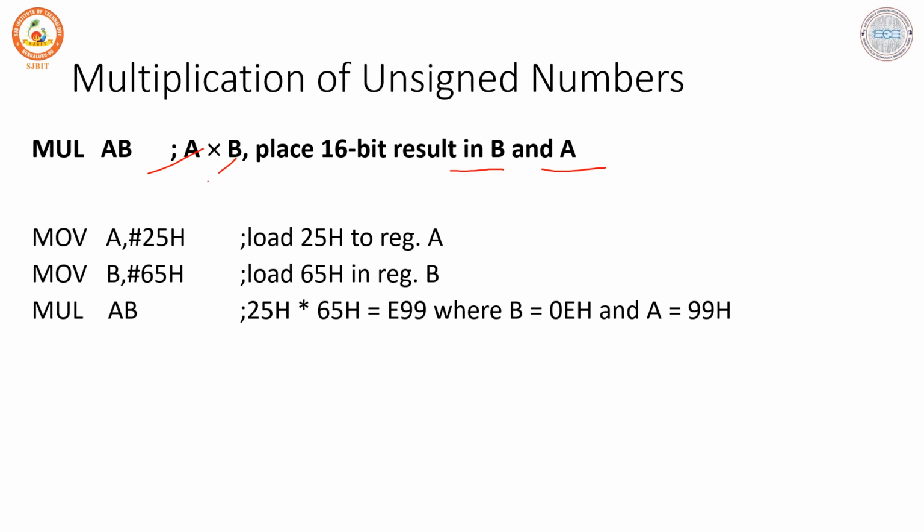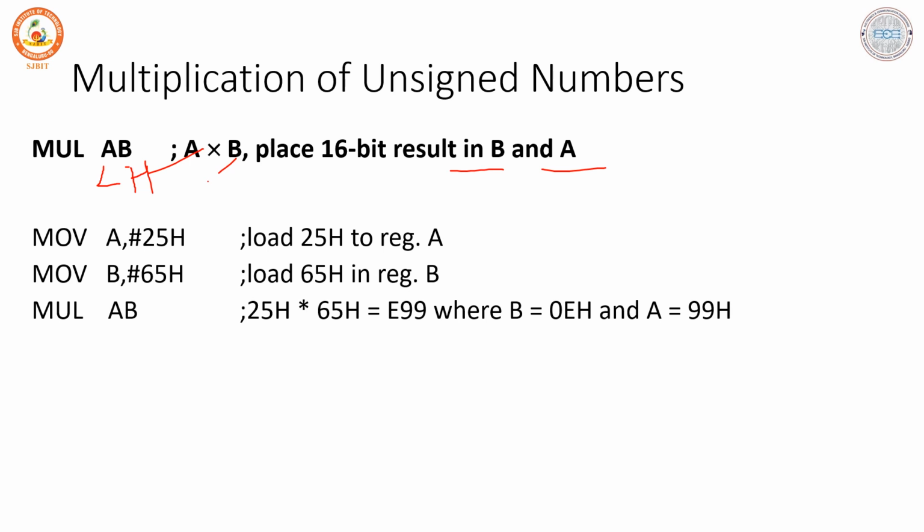Once an unsigned number is loaded in the A register and the second unsigned number is loaded in the B register, the multiplication instruction has the following format, which I have shown you, MUL AB, right? MUL AB multiplies the A and B contents, puts the lower byte in the accumulator, okay, and the higher byte in the B register. So when you multiply 8-bit numbers, you get a 16-bit result, which is stored in the A and B registers both.